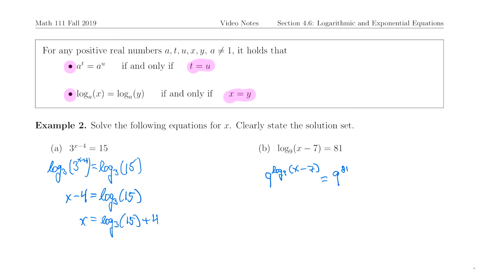Now this is similar to what we had on the exponential equation. When we solved that, we invoked that law, that logarithm to the base 3 of 3 to a number is that number. Here it is the other way around: 9 to the logarithm of the same base, 9, of a number is simply that number.